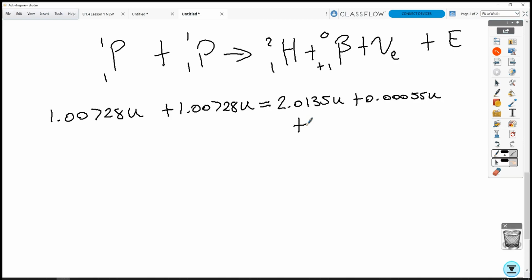Now the neutrino is 0.00000 U. It's so small that we can't even quantify it even in this situation.